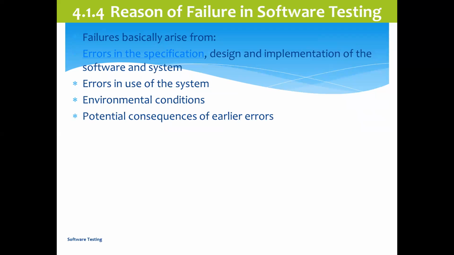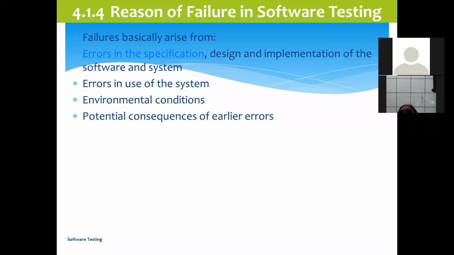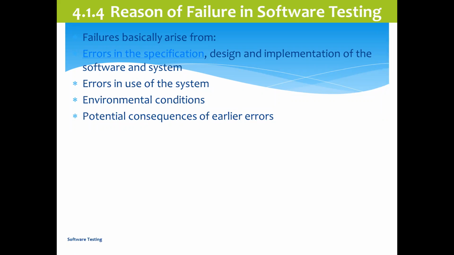Based on that document, developers are doing their coding, and testers are doing the testing. If something is mentioned wrong in that document, then the developers also did it wrong, and we are also testing it as wrong. So that can be one reason. That should be corrected, and correct information should be present in the document.